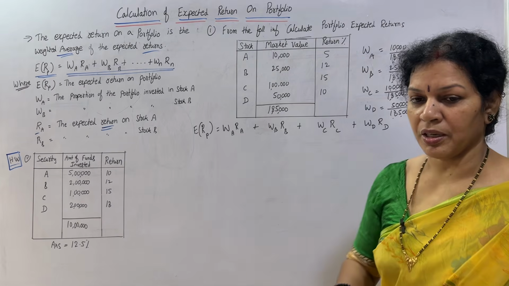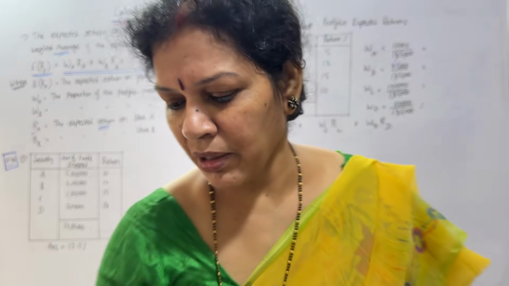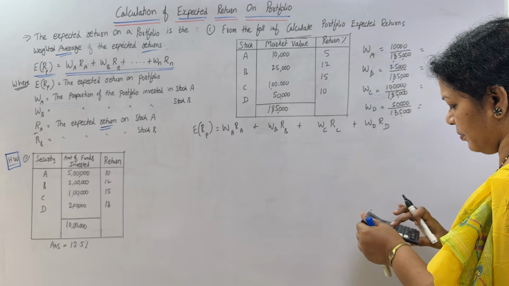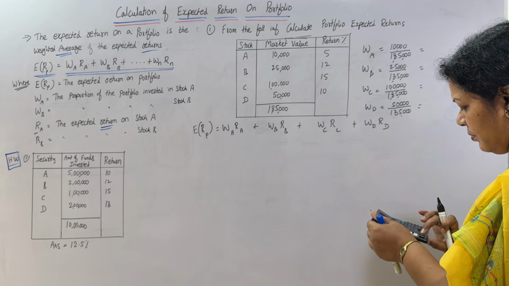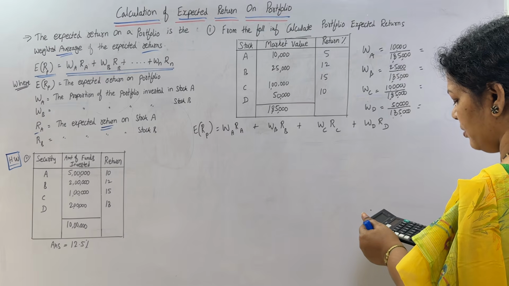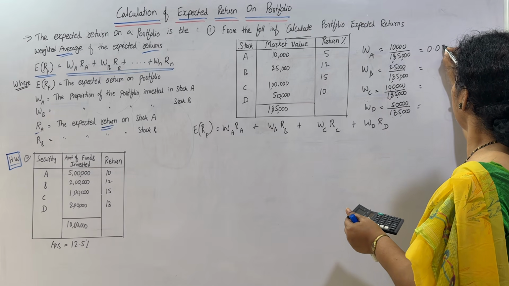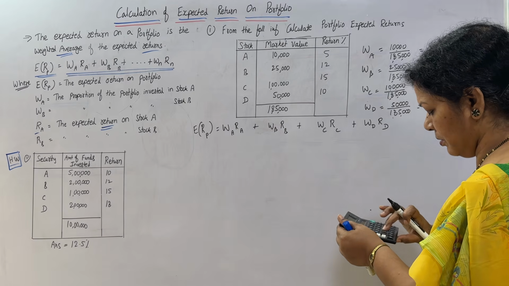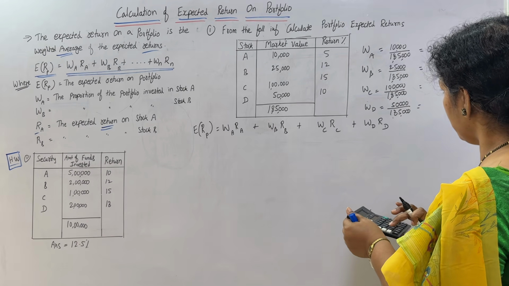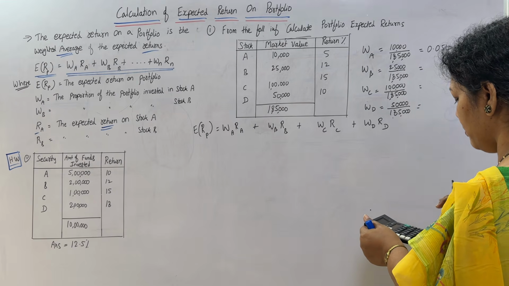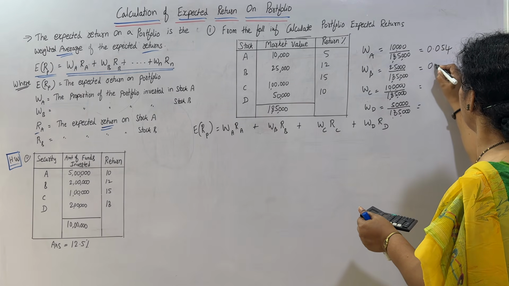So let me use the calculator. 10,000 divided by 1,85,000. This is 0.054. Second one is 25,000 divided by 1,85,000. This is 0.135.